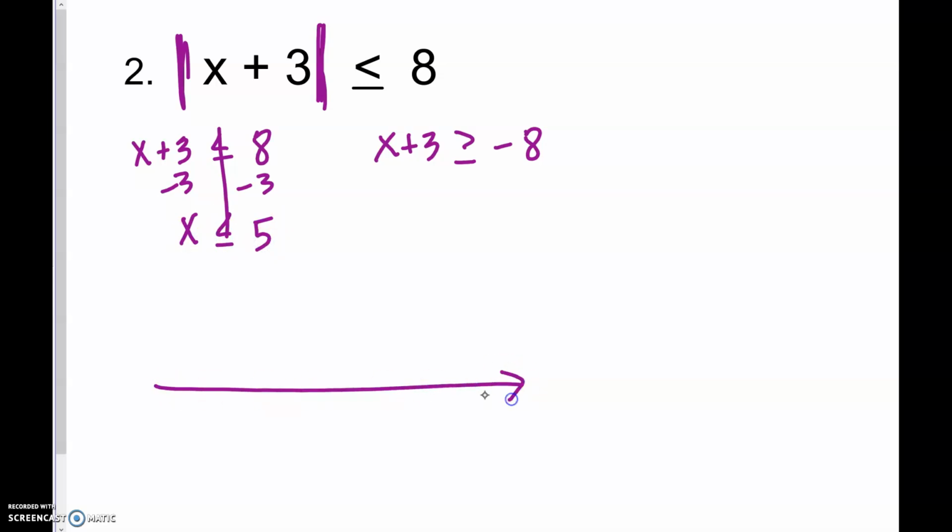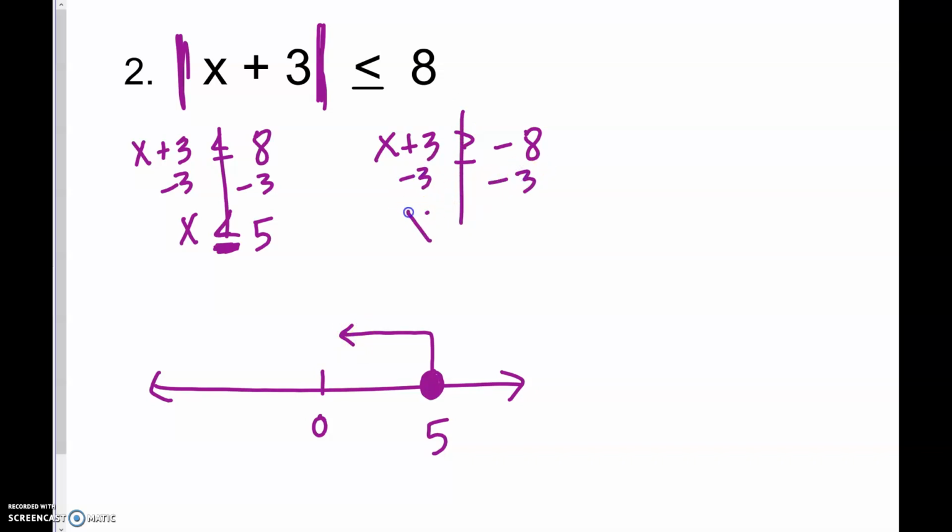So on my number line here, put down 0, have my 5. It says less than or equal to, so it has the equal to underneath it. So I am going to shade this in. And any number is less than, so I'm going to shade to the left. On the second side over here, I'm going to subtract 3, subtract 3.